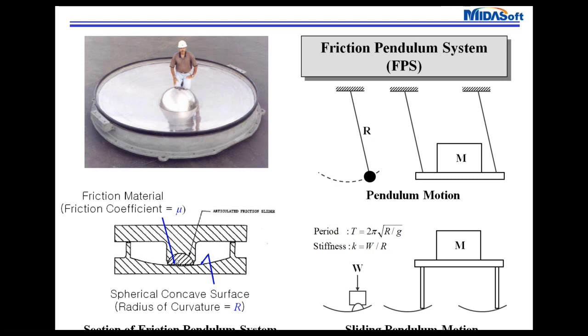So the energy will be dissipated in this area here. There'll be a certain amount of movement for your superstructure, which is to be expected, but this movement from the friction pendulum system allows the superstructure to be safe, and it'll have less energy directed to it. So most of the energy will be dissipated in these areas here.